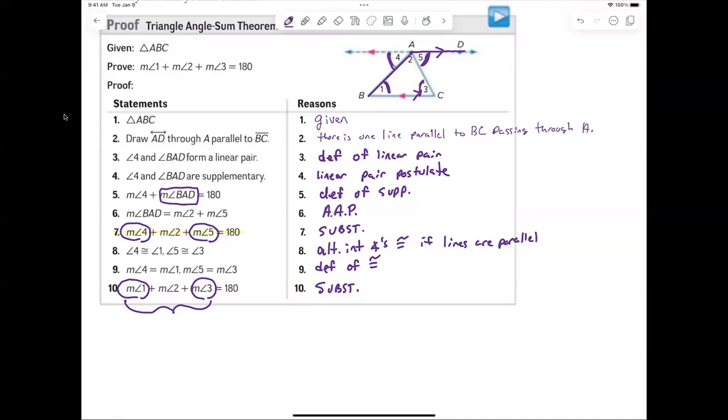We now have proven it. We now know for certain that it is true. You don't have to take my word for it anymore. If someone says the angles of a triangle add up to 180, say, yeah, we can prove that. That's the proof behind the angles of a triangle adding up to 180. Does that make sense?